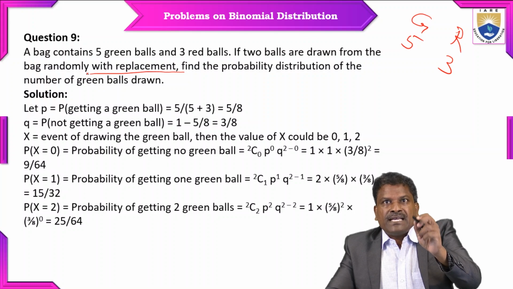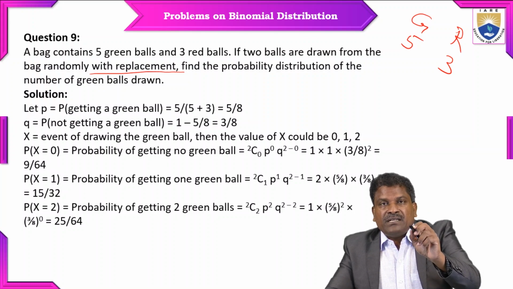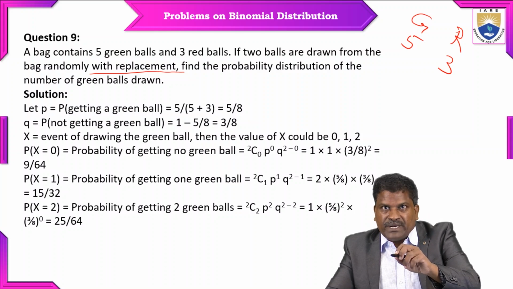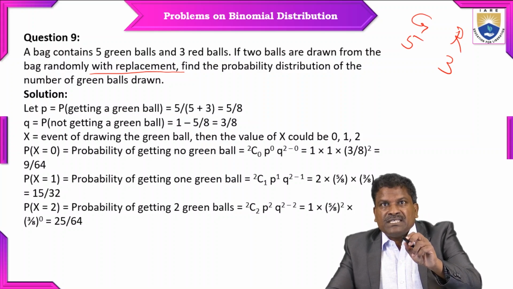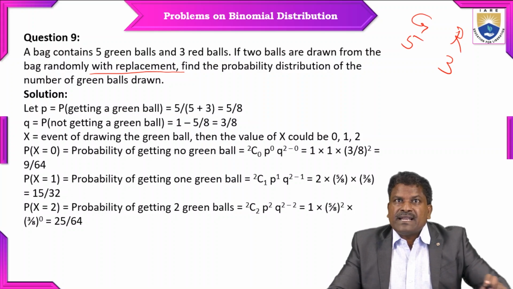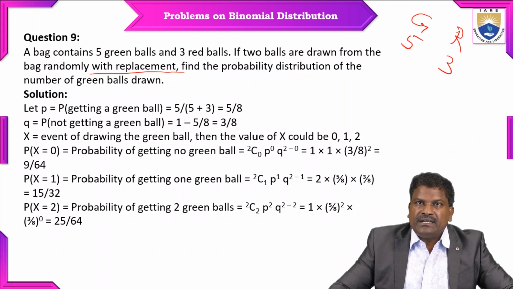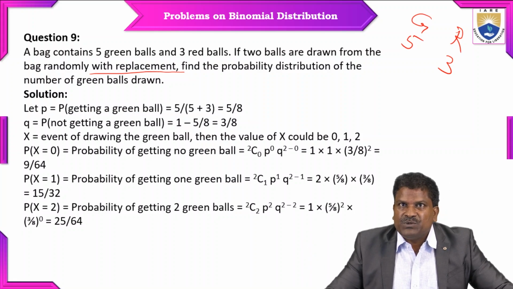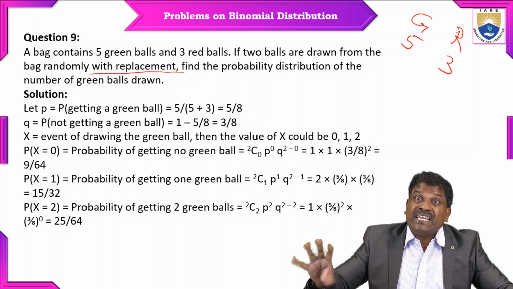Previously I have explained about this. Replacement is different from non-replacement. Both cases are different. Here replacement case is given. Find the probability distribution of the number of green balls drawn.